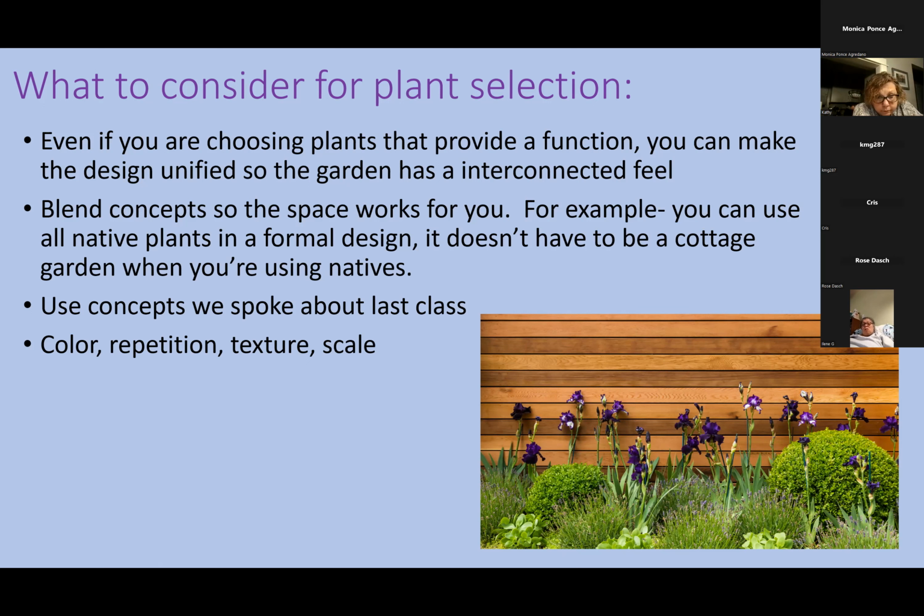You can see in this little picture of a portion of this person's garden that they're using color, with the purple and the greens. They're using repetition: they have the same plant a few times in this little space, repeated down here.